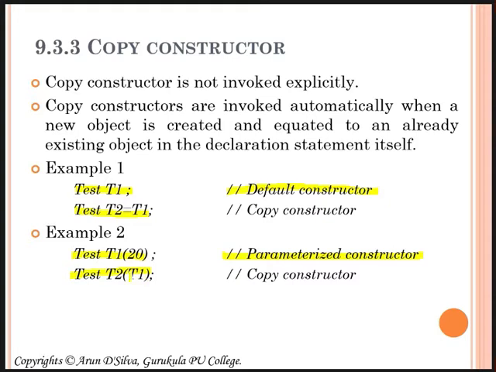Here it invokes the copy constructor. The data in t1's member data will be assigned to the t2 member data. Got it? So this is the way I can make use of a copy constructor in our C++ program.